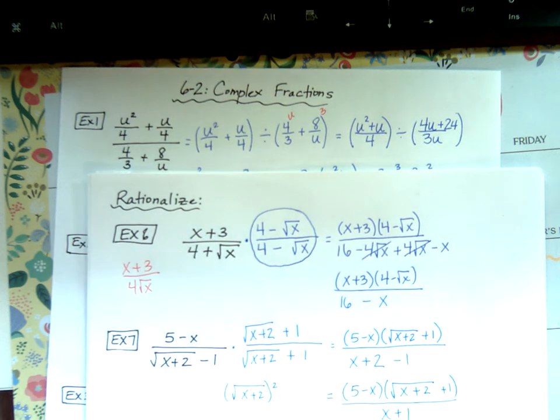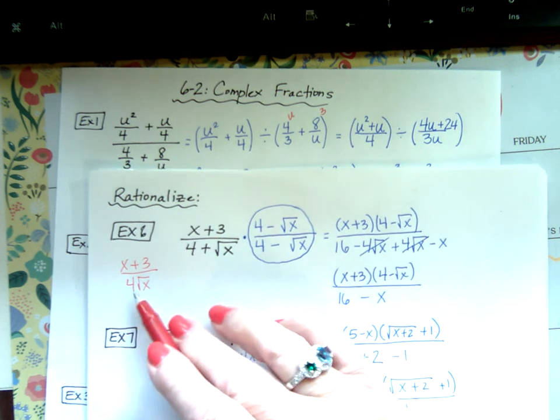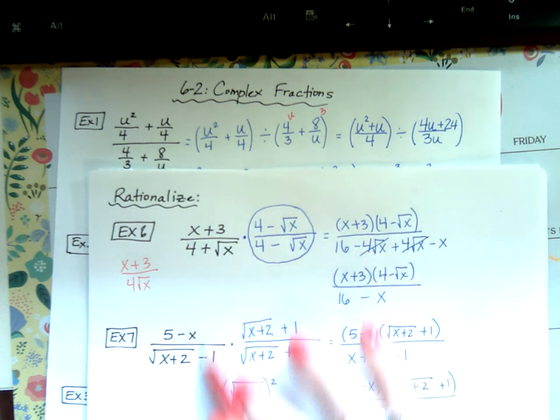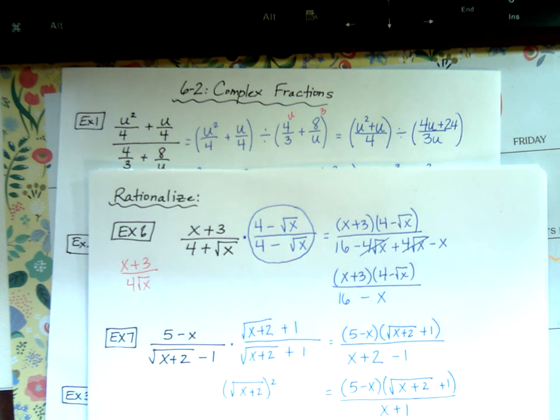That would be back to a question like with basic rationalizing, because it doesn't have an operation in the middle. The difference with these guys in this section is they all have an addition or a subtraction or something like that in the middle. So you're always going to see some type of operation in the middle. You're not going to see just a 4 square root of x.